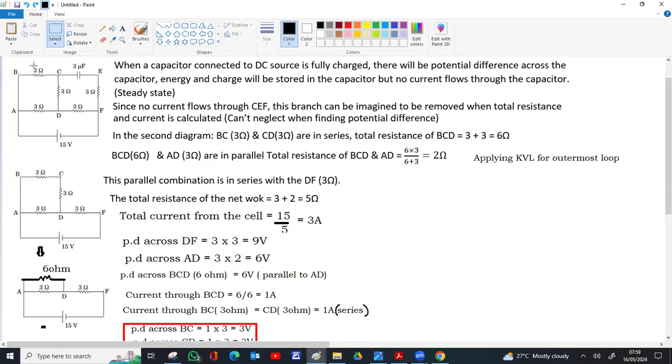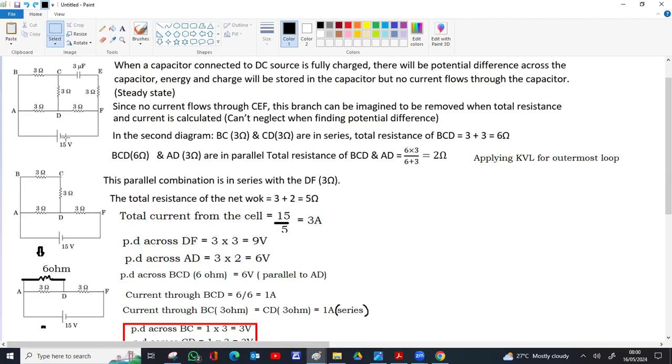For example, if you go from B to C, this is 3 volt. Since you are leaving from the negative terminal of the resistor, it's minus 3 volt. If you go from left to right across the cell, leaving from the positive terminal, that is plus 15 volt. So the total potential difference is 0 for a closed loop.